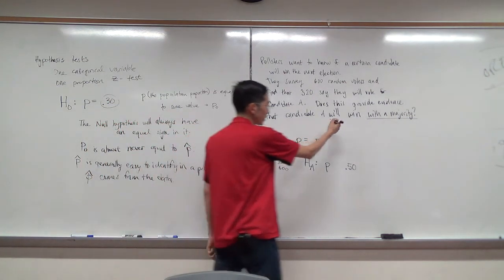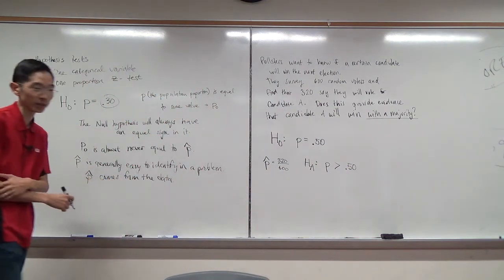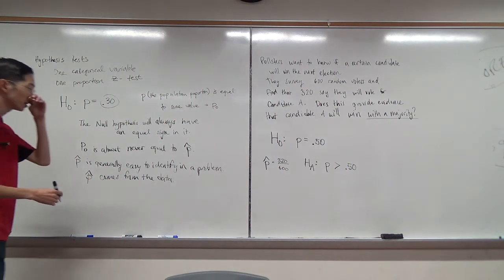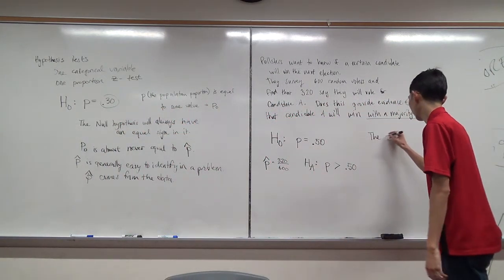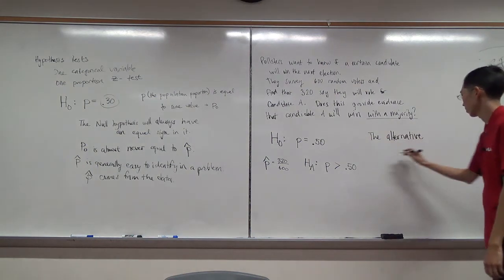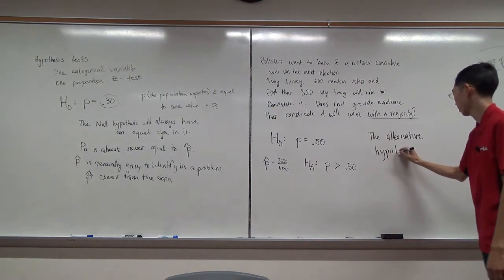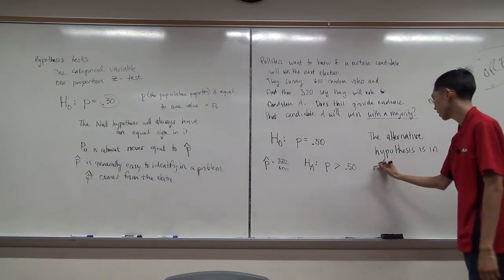Greater. We want to know if he or she will win with a majority. So we're going to put p is greater than 50%. So when picking out the alternative hypothesis, it is in the same form as the null hypothesis.